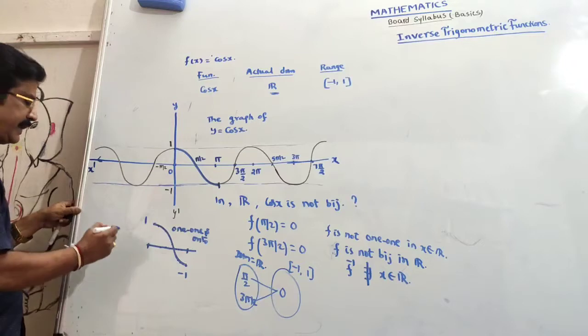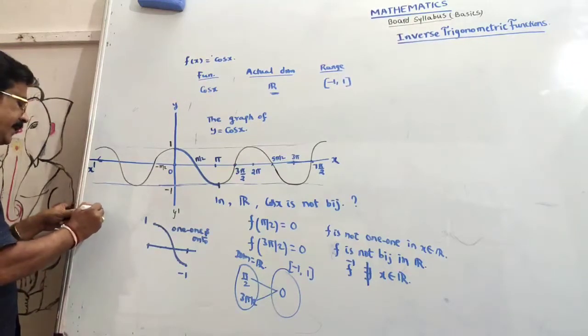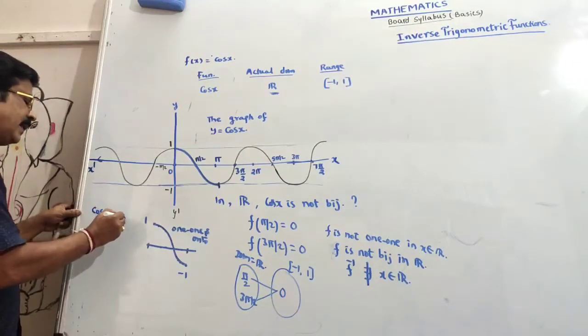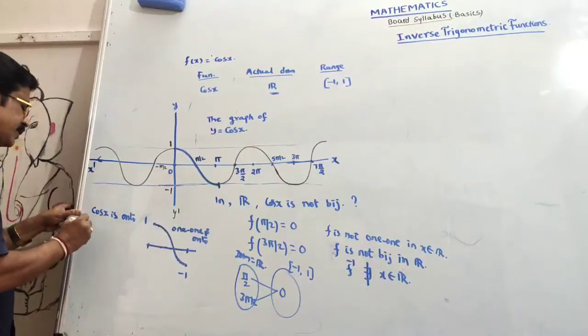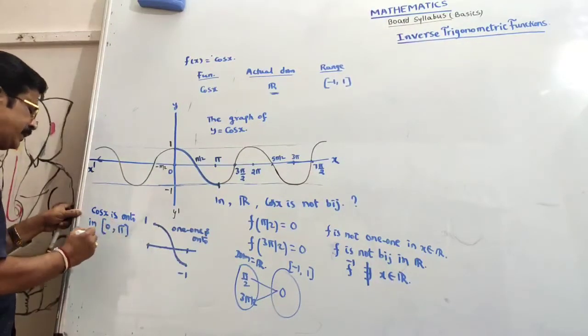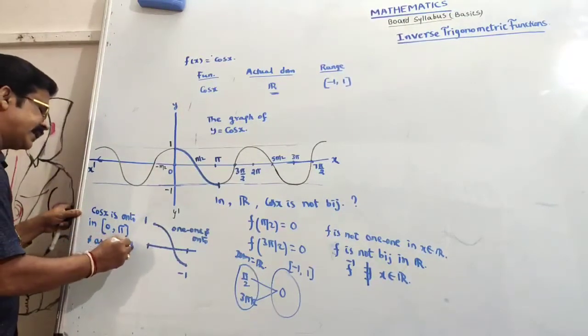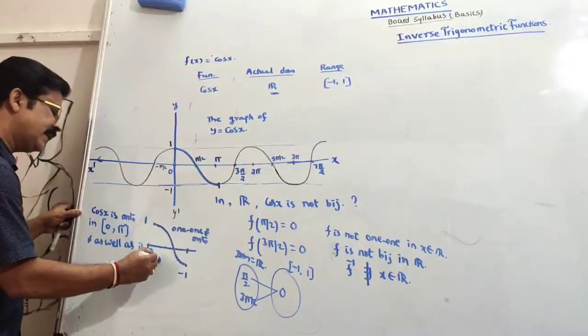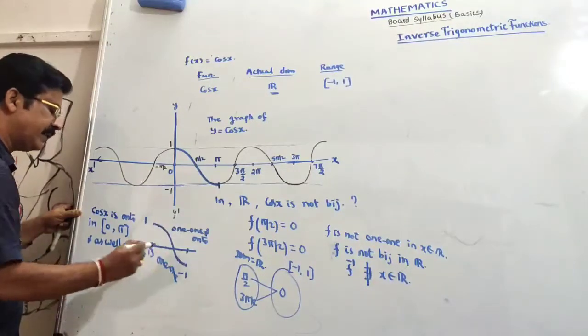So I am telling that cos x is an onto function in the closed interval of 0 to pi, and as well it is a one-one function.